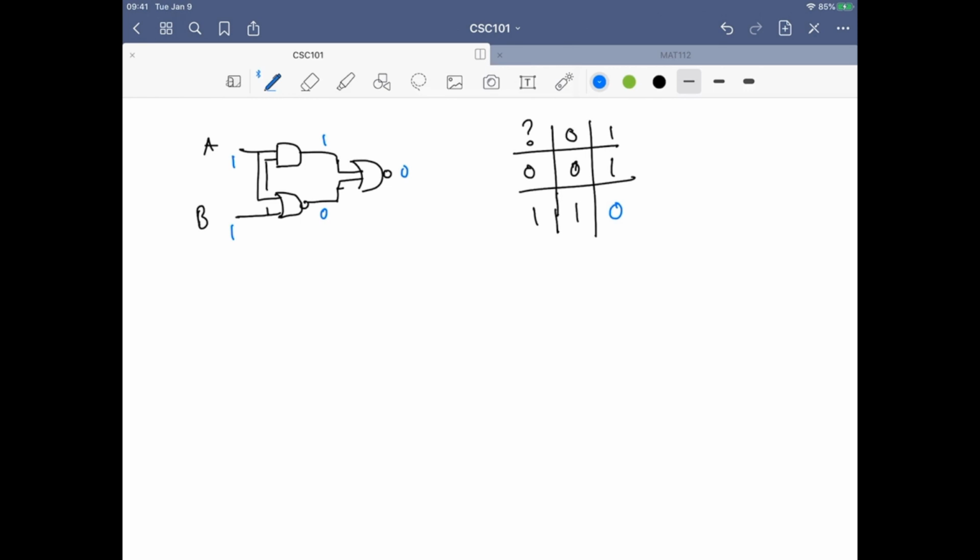There is. Which one is it? XOR, okay? So this is an XOR gate in disguise. And it's a really bad disguise because my art obviously is not particularly great, but you'll forgive me, right? Okay, so this is really an XOR gate.